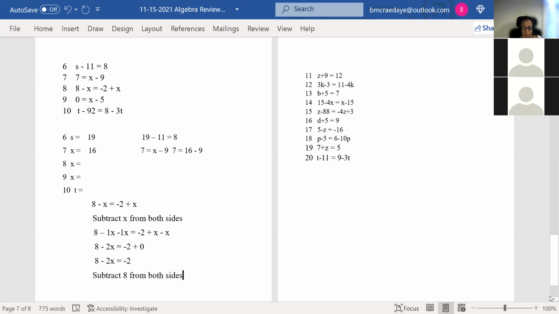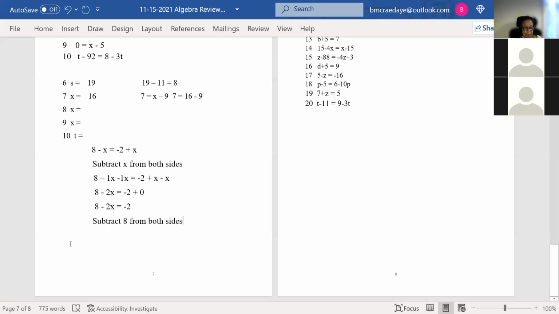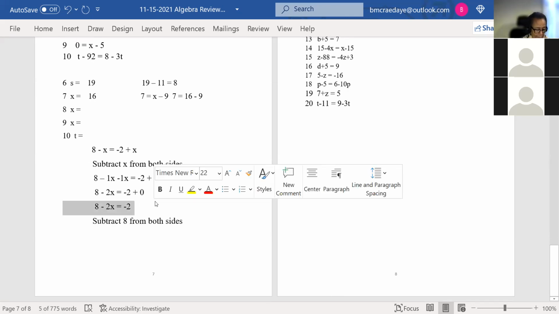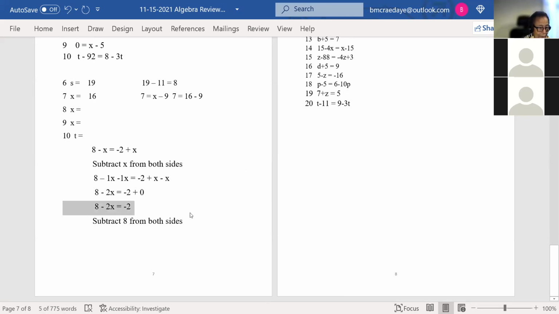Okay. And what would that give us? Subtract 8 from the left side, subtract 8 from the right side. So on the left side, that would be minus 8, and on the right side, minus 8.